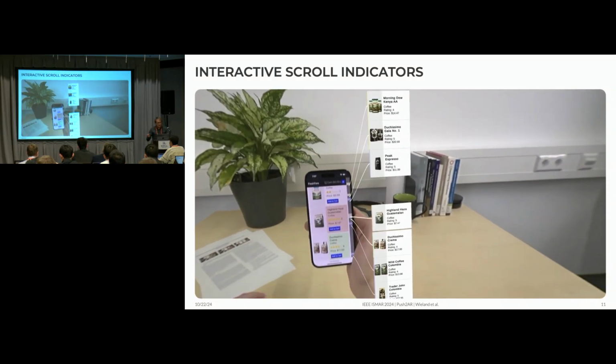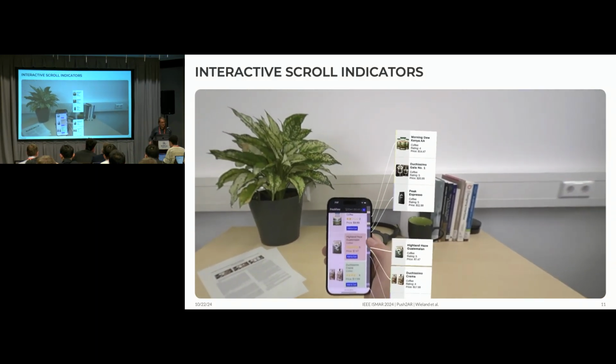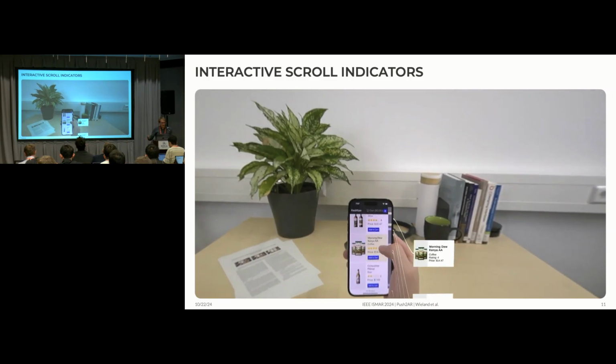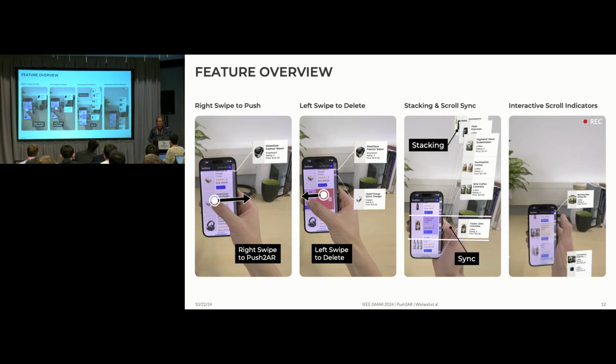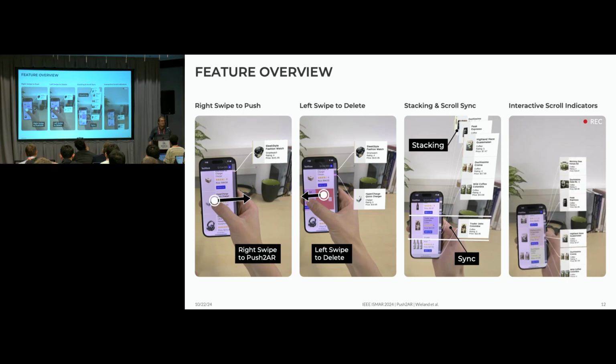Users can also tap on scroll indicators to quickly scroll to the corresponding item on the screen, as you can see here in the video. And with these features, we think that Push-to-AR allows users to easily collect, compare, and filter items from a list to find the item that best fits their needs.